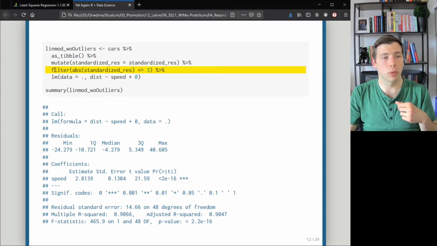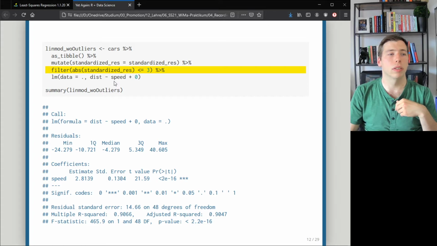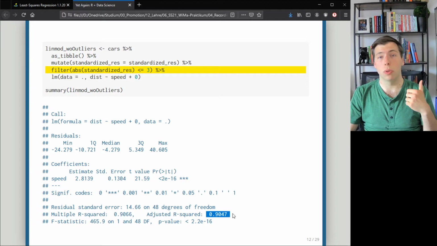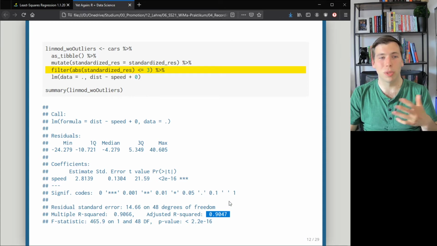We filter like that, and then we run the linear model again. And what we can see is that the R squared value increased. And I think it's only one point that we actually got rid of. So only one point helped to increase the R squared statistic by a lot. Well, it's not a lot in this case, but in other cases it can be quite a lot.